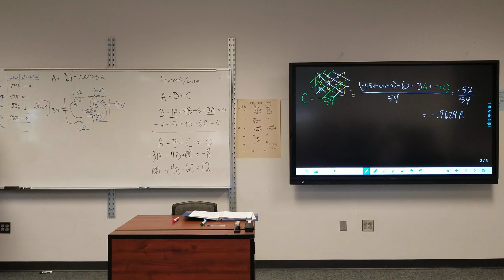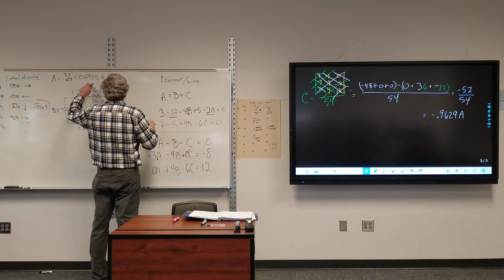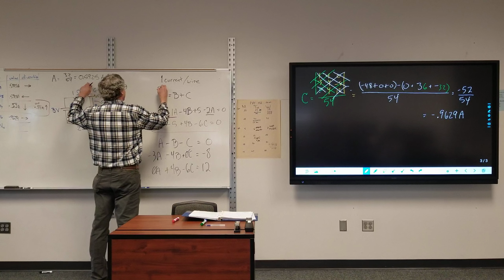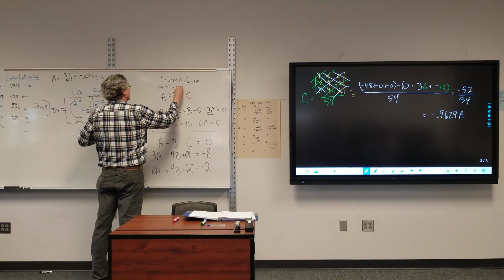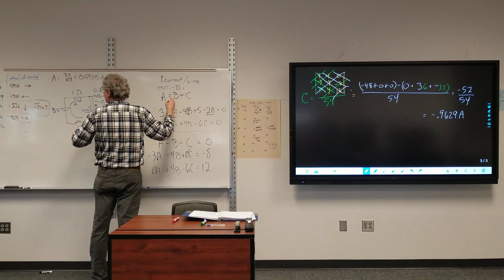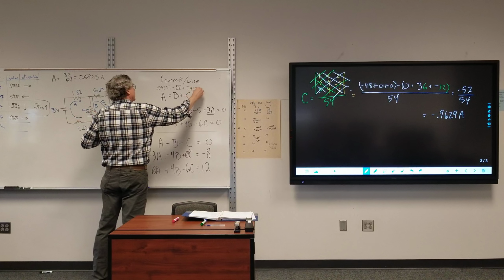Now, our equations over there were based upon our assumptions over here. So I'm just going to plug these numbers in to see if it still works. So A was 0.5925, B was negative 0.22 repeating, and C was negative 0.9629.